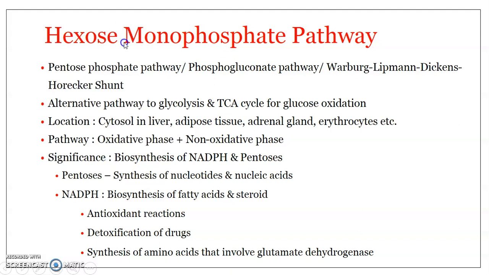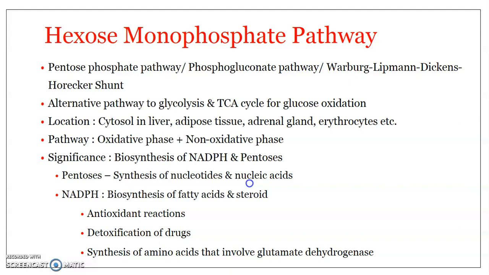The pentose phosphate pathway also helps in the synthesis of pentoses, especially phosphorylated pentoses. Now, what is the function of pentose phosphates? Pentose phosphates are used for the synthesis of nucleotides as well as nucleic acids. For example, ribose 6-phosphate is an intermediary substrate in the HMP pathway.